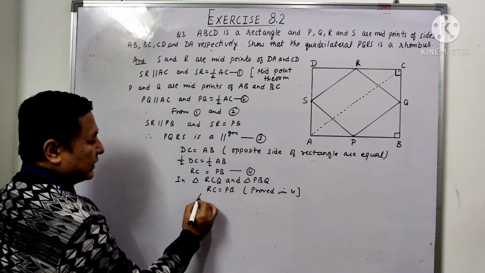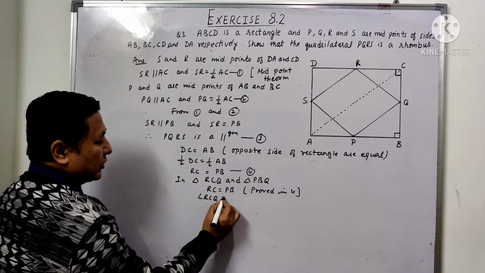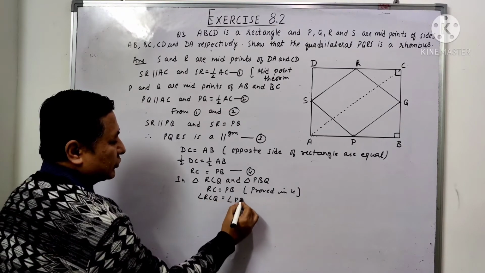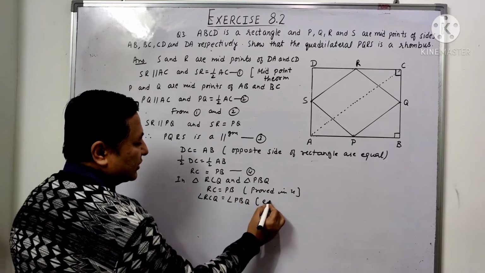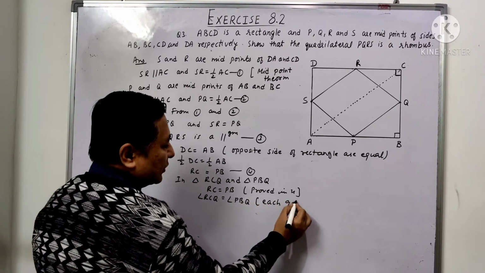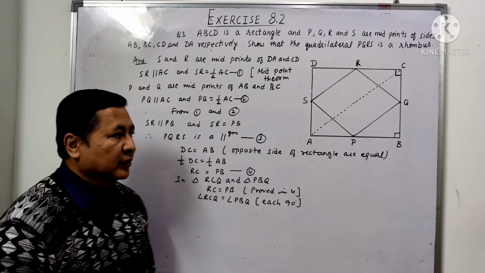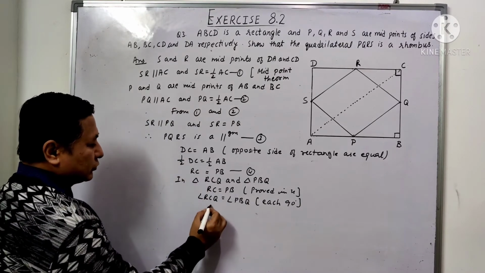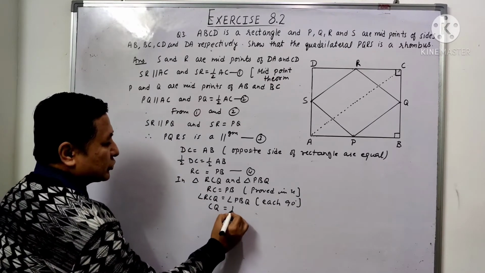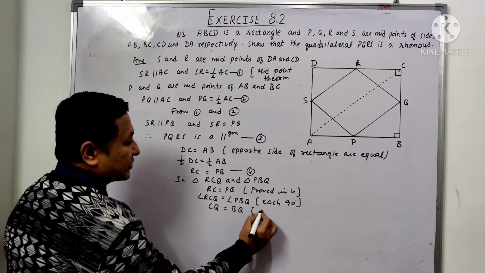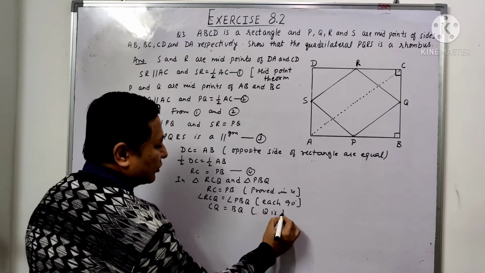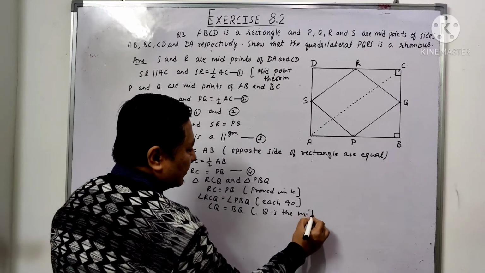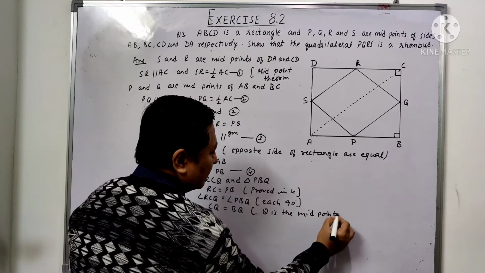And angle RCQ is equal to angle PBQ, as we know that each angle of a rectangle is 90 degrees, and also CQ is equal to BQ. The reason is Q is the midpoint of BC.